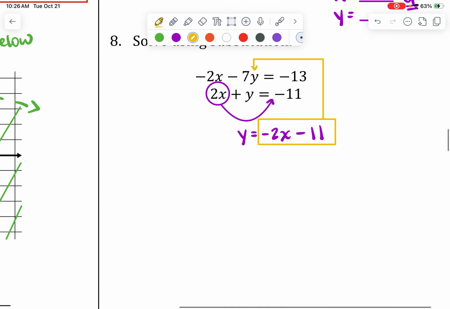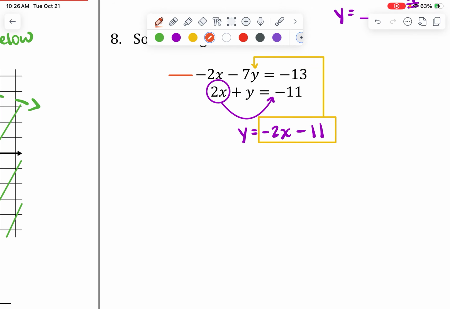I know this is just like our notes. I'm going to have arrows all over the place just so I don't lose anybody. So I'm going to take that top equation and completely rewrite it. So here we go: -2x minus 7, but I'm not going to write times y. I'm going to write times, and I'm going to substitute in -2x minus 11, since I know those two things are equal to one another.